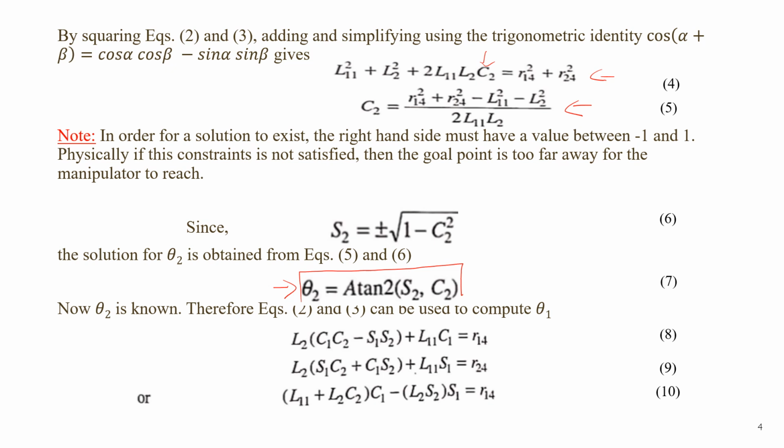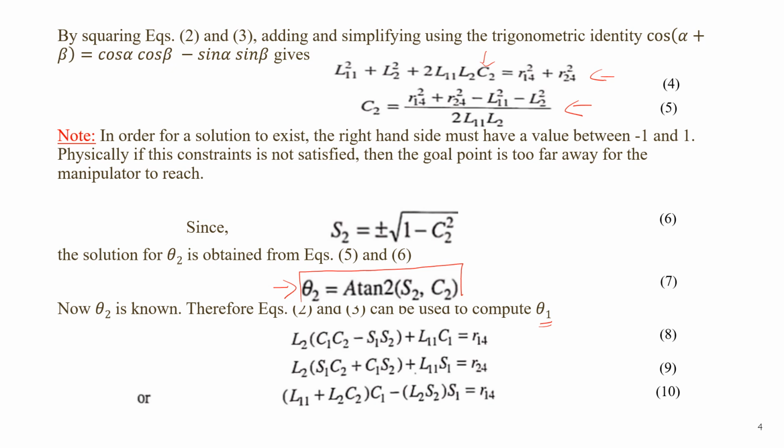So from equations 2 and 3, which we solved earlier, the only unknown would now be theta 1. So using that relation, you can get theta 1. How? L2 into C1 C2 minus S1 S2 plus L1 C1 equal to r14. L2 into S1 C2 plus C1 S2 plus L1 S1 equal to r24.